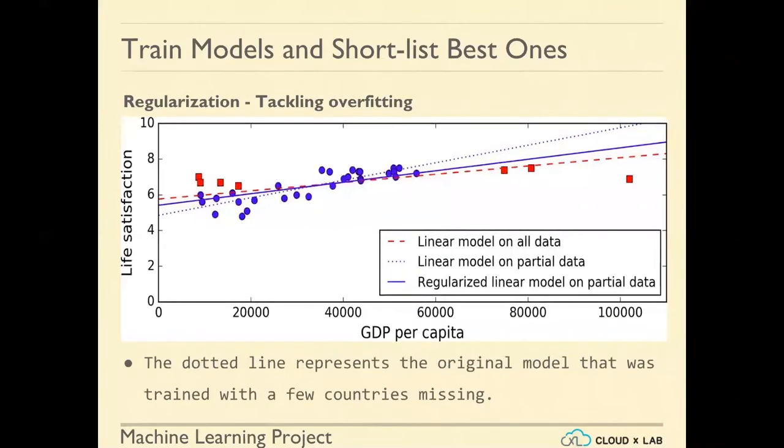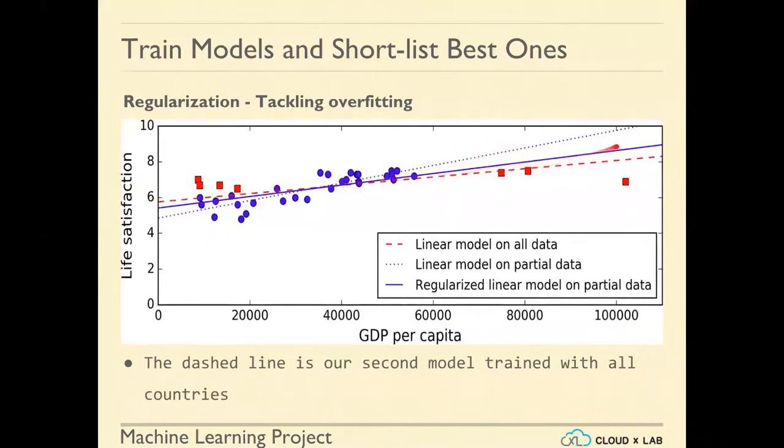So here's an example. The dotted line represents the original model, and that was trained with a few countries missing. This dashed line is the model trained with all countries.